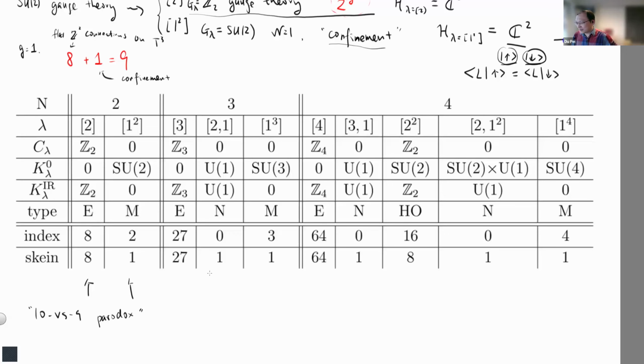And this comparison can be done for any n, because, in the end, it just boils down to writing down the partitions of n, and then there is a physics question that one can translate into a concrete math algorithm to determine those numbers. So here, for n equals 3, there are 3 phases, and their contributions to the index is, for this one, this would be a Z3 gauge theory.